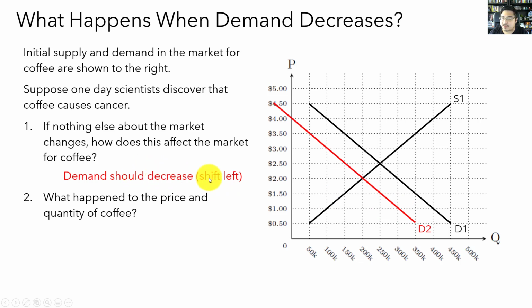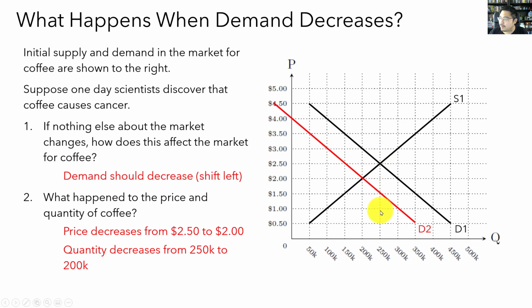Well, to answer that, we just compare the new equilibrium to the old equilibrium, and we see that price went from $2.50 in the old equilibrium to $2 in the new equilibrium, and quantity fell from 250K in the old equilibrium to 200K in the new equilibrium. And so this is what could happen when the demand curve is decreasing.